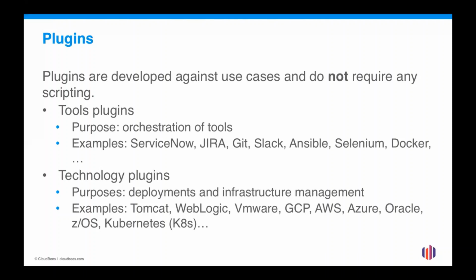Ansible, to manage deployment or configuration of a platform. Selenium, Docker. Since we have hundreds of them, we have a GitHub repository for the plugins, and I believe that the last time I connected, we had 380 projects on that repository. So we have a lot of plugins that cover most of the tools of the market. Tools plugins to orchestrate the tools.